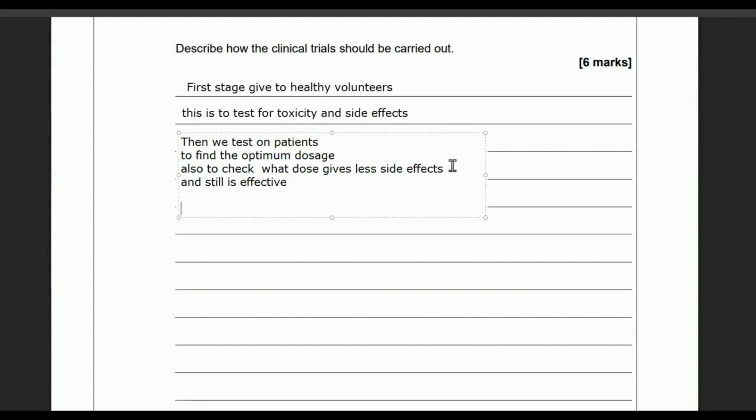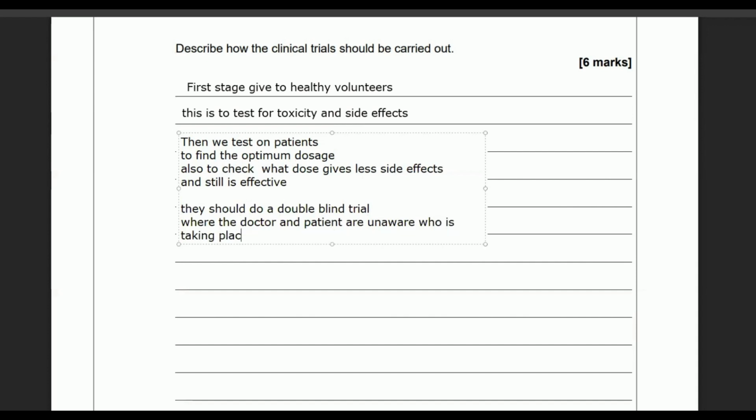Right now, how should you carry this trial out? They should do a double blind trial where the doctor and patient are unaware who is taking placebo and who is taking the medicine, or the drug.